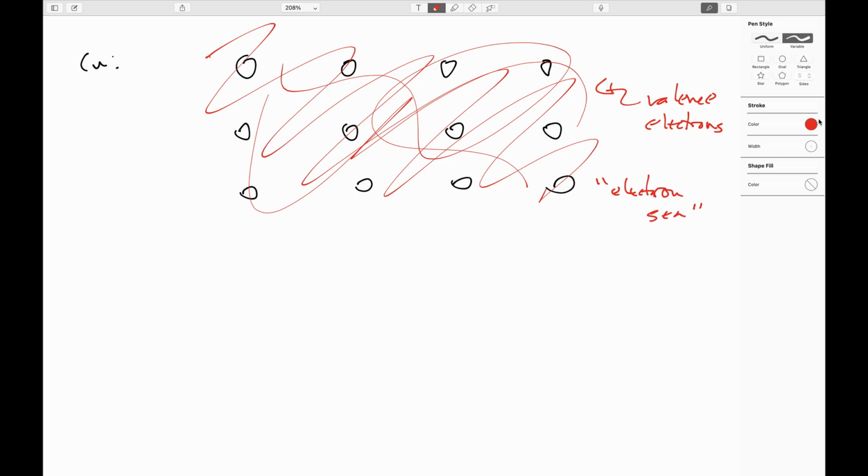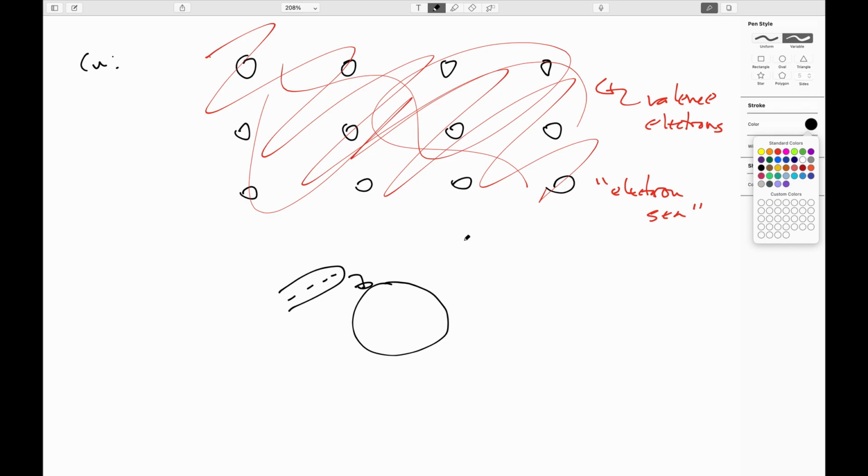So for instance, if I were to, let's say, have a sphere here, and I were to bring a rod that I had negatively charged so that it touched the sphere, what would happen is that some of the excess electrons on the rod would be transferred to the sphere.